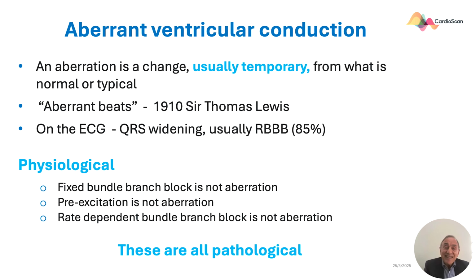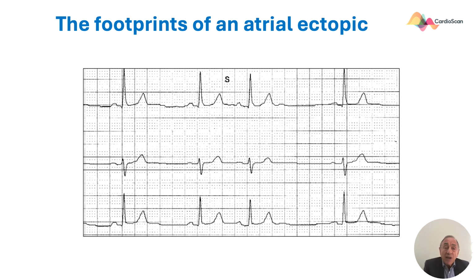Rather, these are all pathological. In order to understand aberrant ventricular conduction, let us look at the footprints of an atrial ectopic. We can see here in red highlight, the atrial ectopic has a P wave beforehand, it's premature, and there is an identical QRS and a compensatory pause.